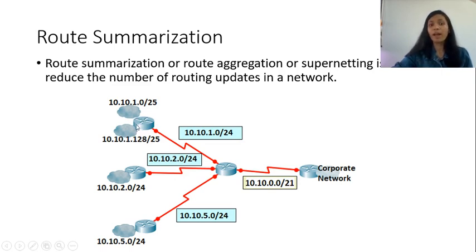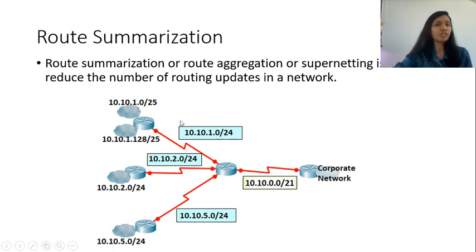Okay, so without using supernetting, this router would have to advertise 2 networks out from this interface. Okay, that is, it will advertise this as well as this to this neighboring router. But with route summarization, these 2 can be summarized together into a single advertisement that will go to this router.